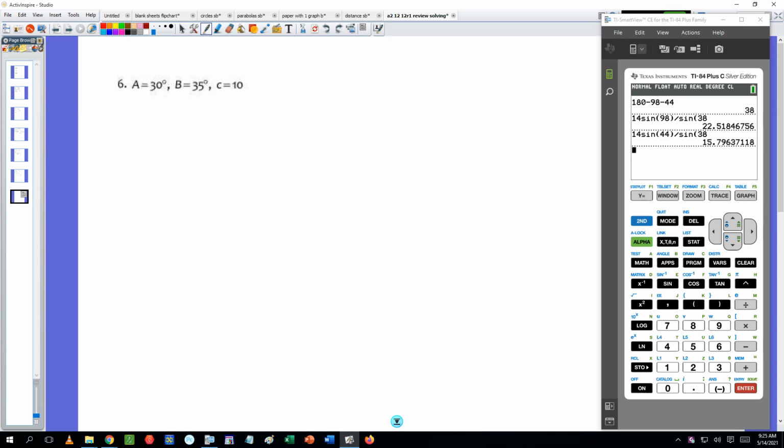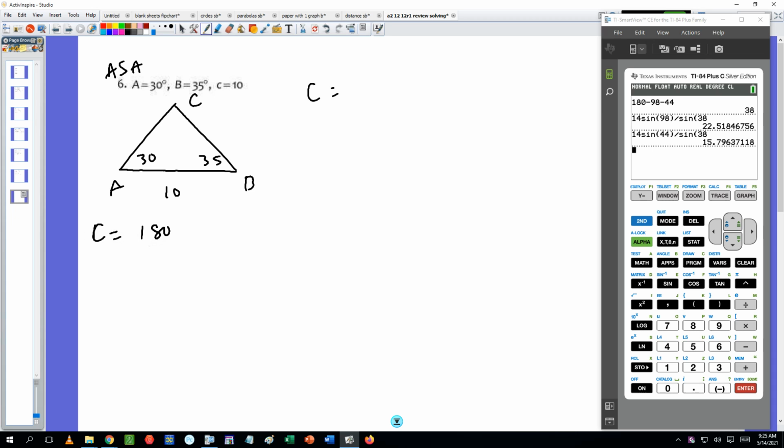And problem number 6, not a right triangle. So just something kind of basic. 30 is the angle A, 35 is the angle B, and 10. This is similar to the last one. This is another angle side angle problem. We can figure out C very quickly, and we have to.